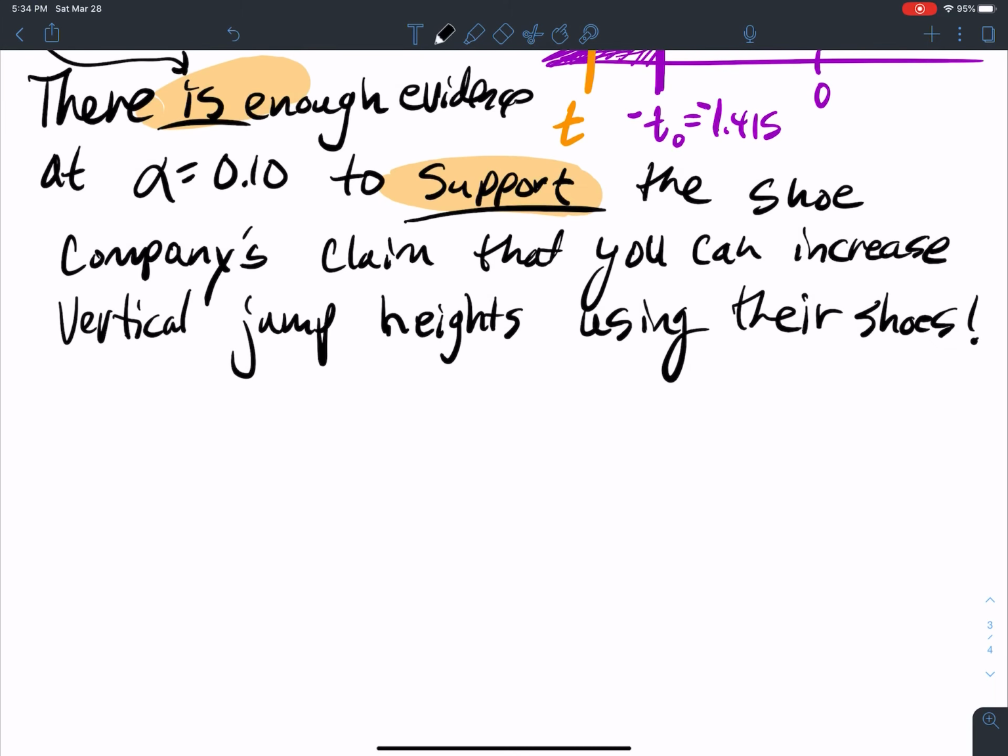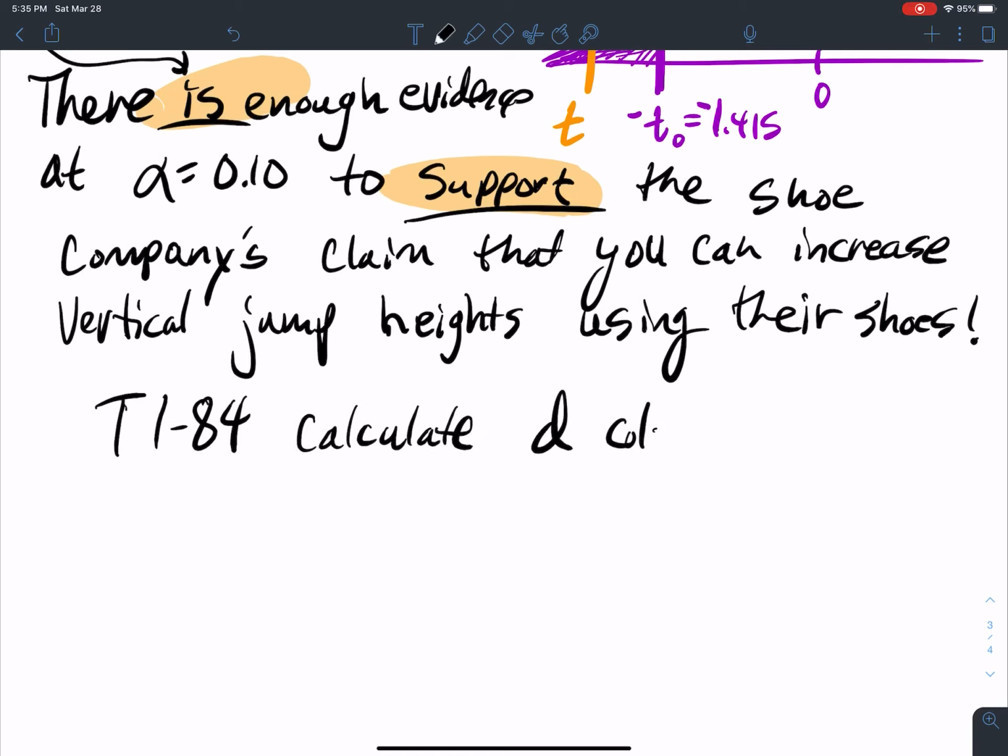Okay? So just to write this down for you, on your TI-84, you could calculate the D column by hand. Okay, so you'll have to do that by hand.